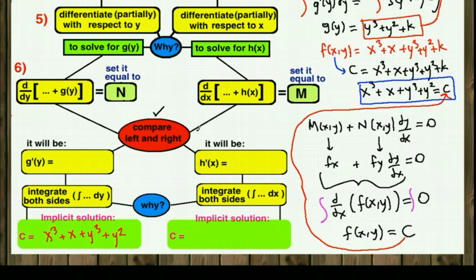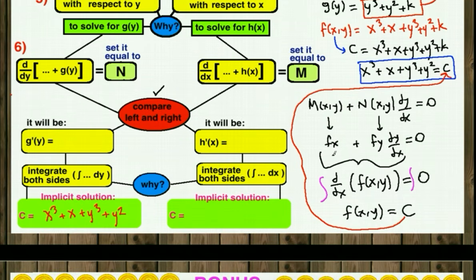After this step, you compare left and right side, and you make clear g prime of y equals or h prime of x equals some function. Next, you integrate both sides because you need g of y alone or h of x alone. And what you get is your implicit solution. And don't forget to set it equal to 0. So instead of f of x, y, write just 0. This is totally up to your teacher or the book you use. And here I have shown shortly how C is derived.